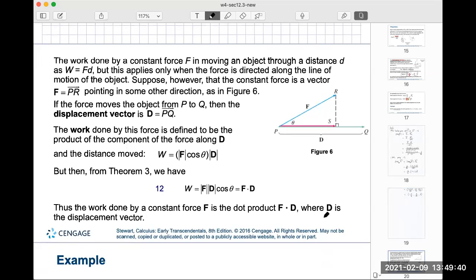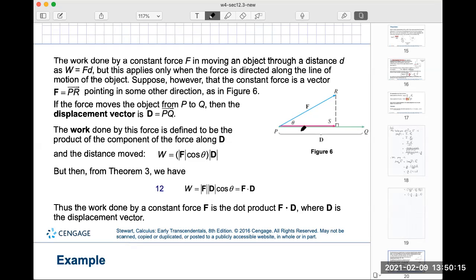Then here in physics, there are some applications. Suppose the work done by force F. So we apply force F here to an object, and the object moves from the position P to Q, and this distance we call displacement. Okay, and the angle between the force we apply here and the direction of movement will be theta.